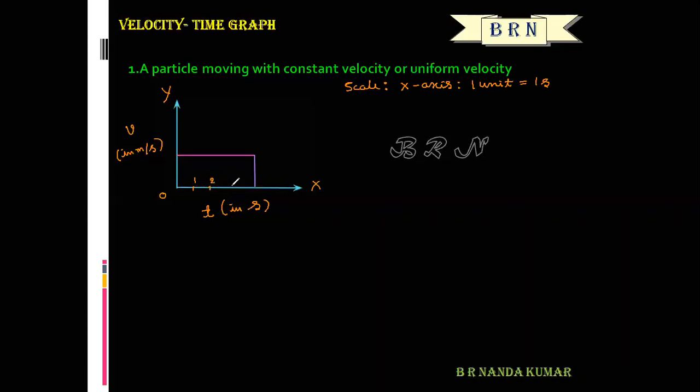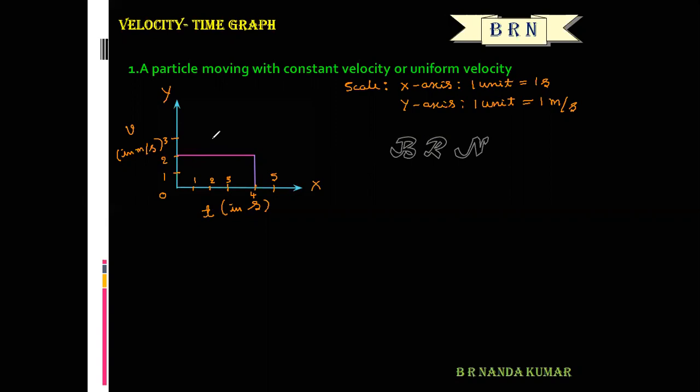This one is 2, 3, 4, 5, and so on, right? And on the y-axis, let us consider 1 unit equal to 1 meter per second. So this is 1, this is 2, 3, and so on.